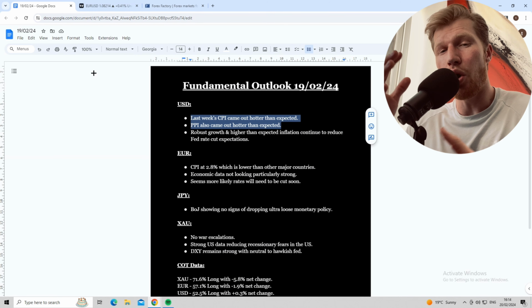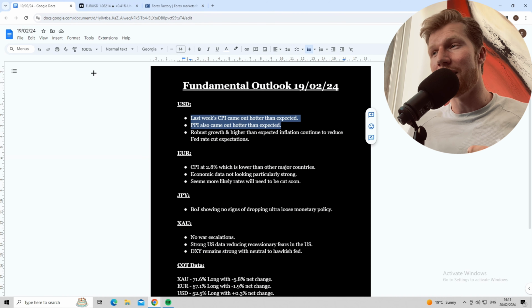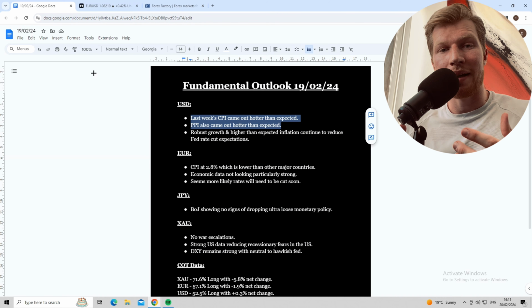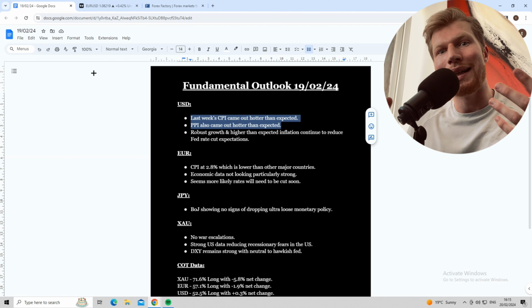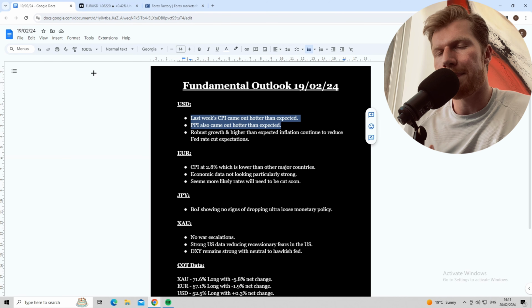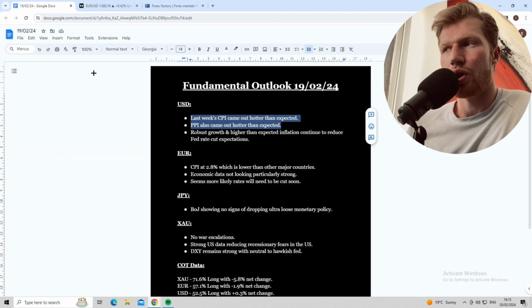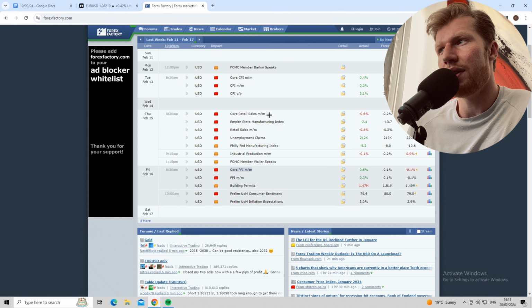Overall, what this means is Fed rate cut expectations are going to be pushed out, higher for longer, right? And this is bullish US dollar. The only data point that has counteracted that recently was this core retail sales data coming out weaker than expected. But I don't think that's really enough to shift the bias for me.